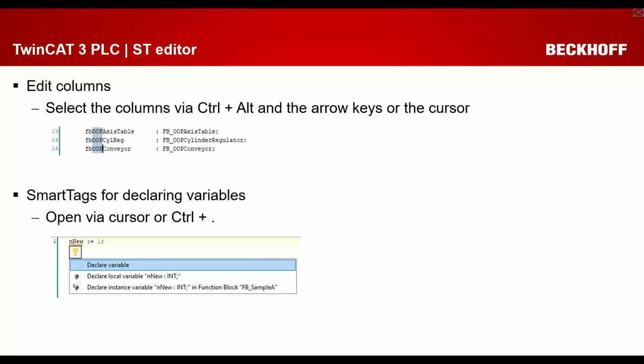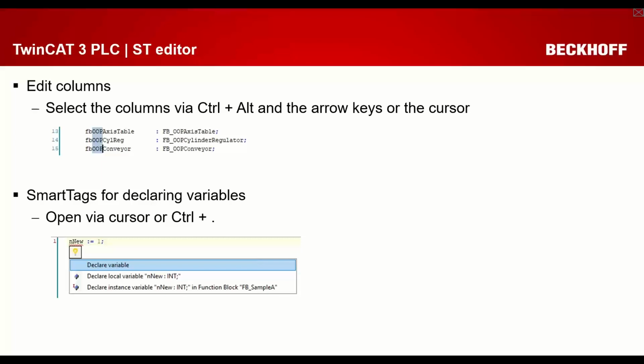Then we have added a new concept called smart tags for declaring variables, but also for other use cases. Here in this case, as I said, it's for declaring variables. Normally, the auto-declare dialog would automatically pop up.